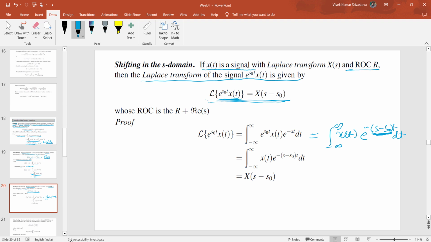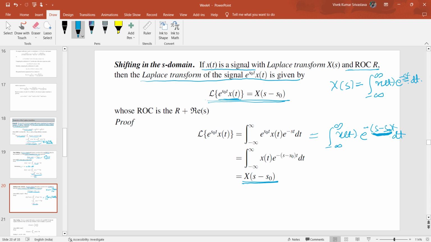Here the parameter is defined as s minus s naught instead of s. The expression of X of s for any signal x of t is the integral of x of t into e raised to the power minus st dt, so there the parameter is s, but for this expression the parameter is changed, which is equal to s minus s naught. That's why the Laplace transform is defined as X of s minus s naught.